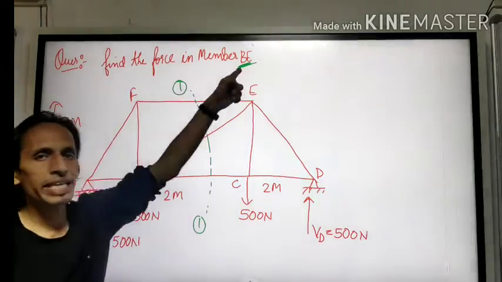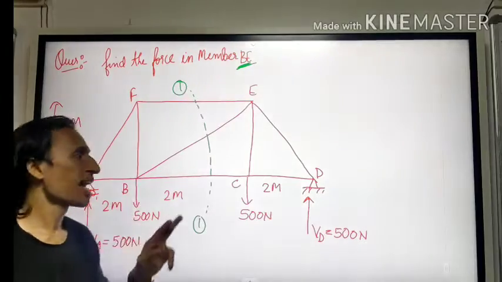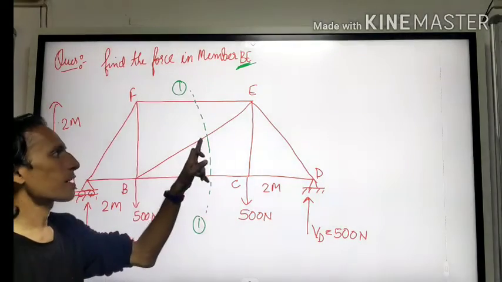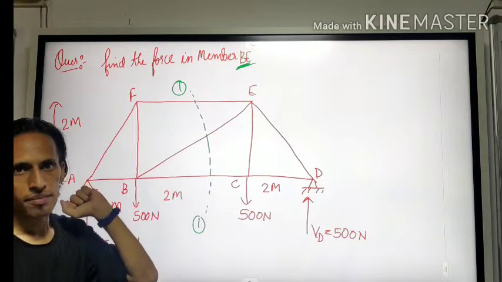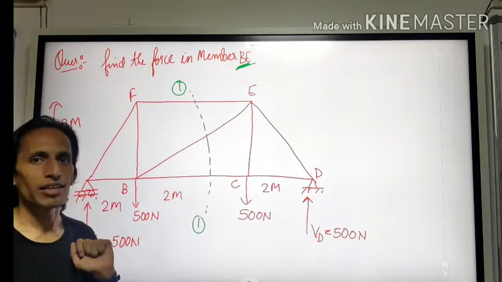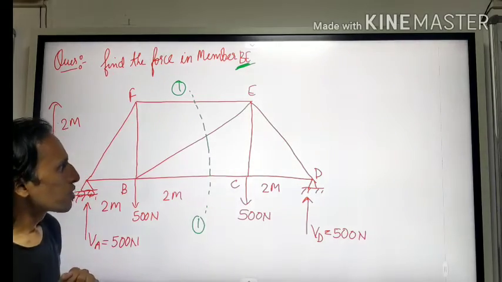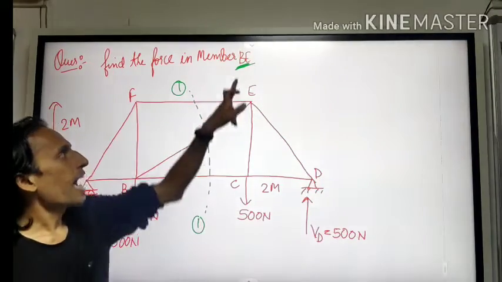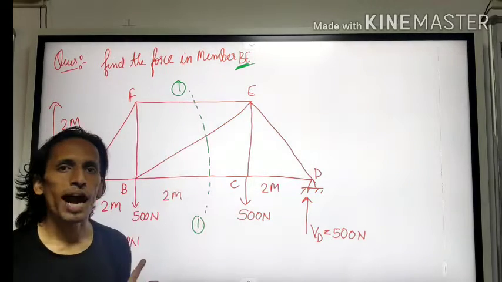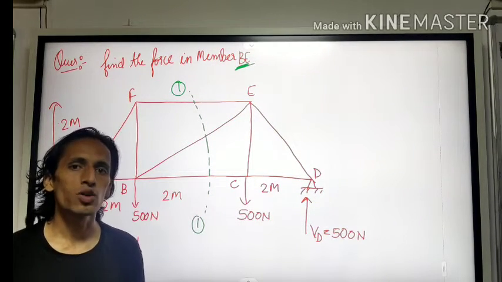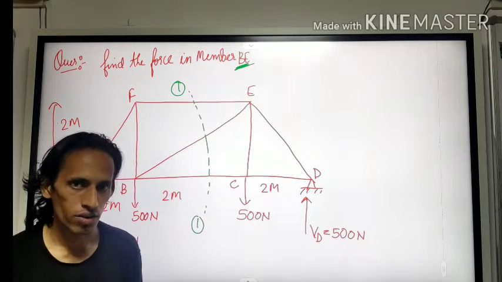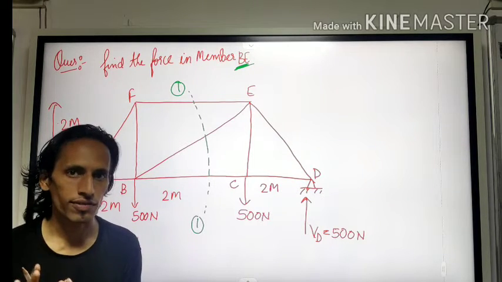Since BE has to be calculated, I necessarily have to cut the member BE. I don't want any other unknown or extra equation.